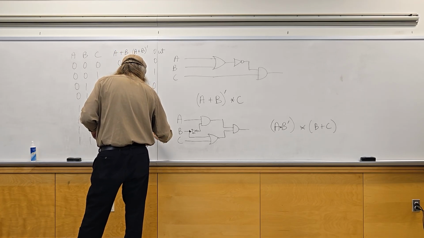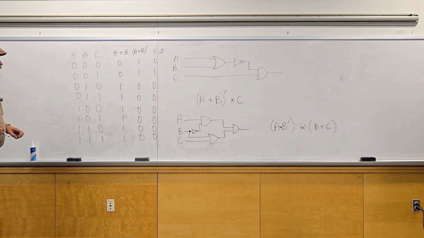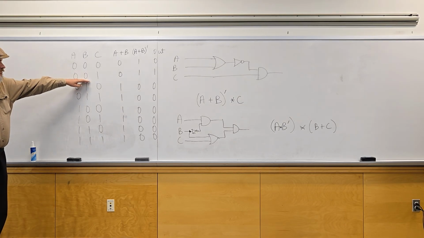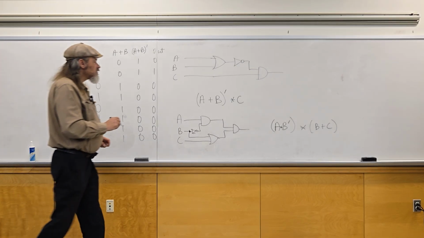All right. Without realizing it, I made what is called a selector, where it selects one particular input combination of inputs, and is high for that one particular combination, and low for all other combinations. So this is a selector.